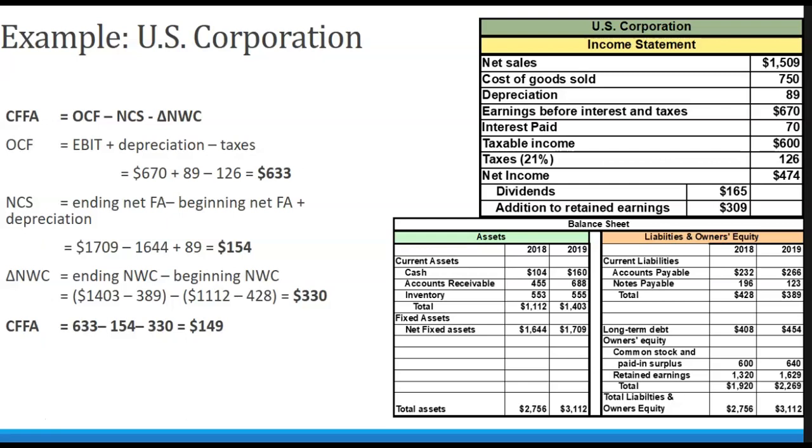That gives us a change in net working capital of $330. So our cash flows from assets are the operating cash flows minus our net capital spending minus our change in net working capital.